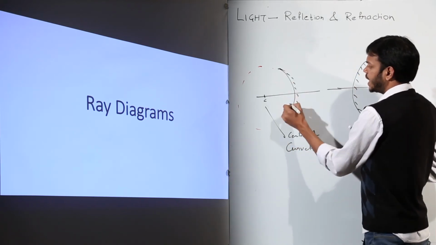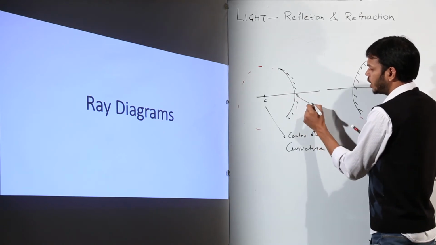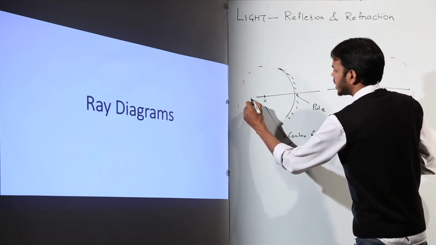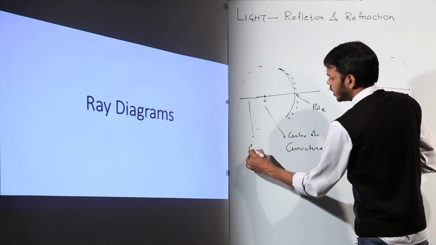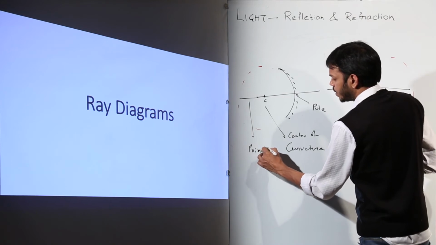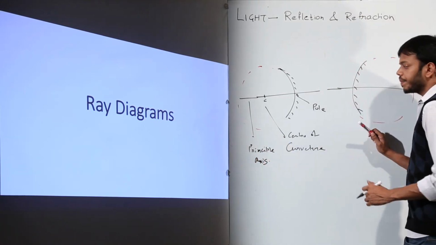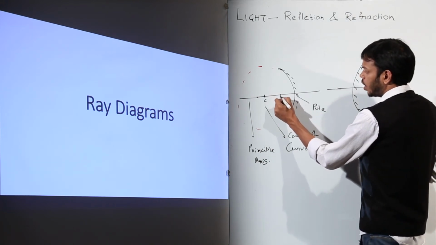Secondly, the centermost point on the mirror would be called the pole. The straight line joining the center of curvature and the pole would be called the principal axis. Third point, lastly, half of the distance of this radius.